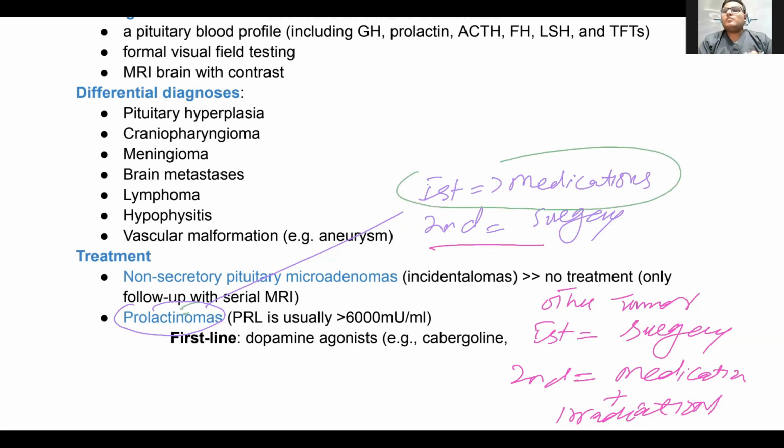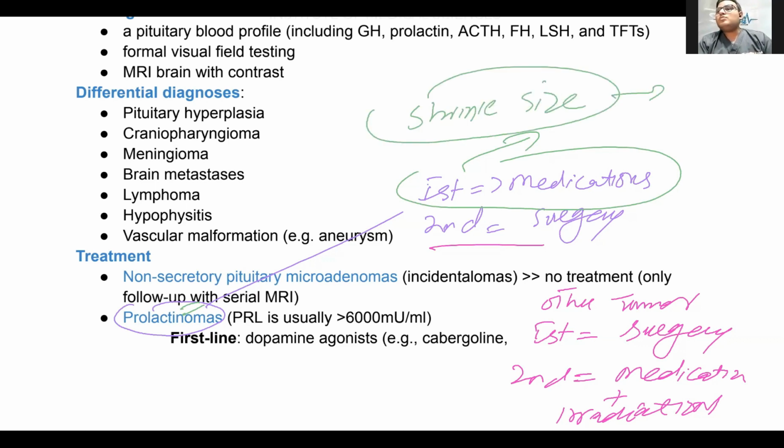Because in prolactinomas we first give medication to shrink the size, and then we do the surgery. Prolactinoma is very important because it can respond to medication. What are the medications? We know that prolactin is released from the anterior pituitary, and dopamine inhibits prolactin, so we give dopamine agonists: cabergoline and bromocriptine.